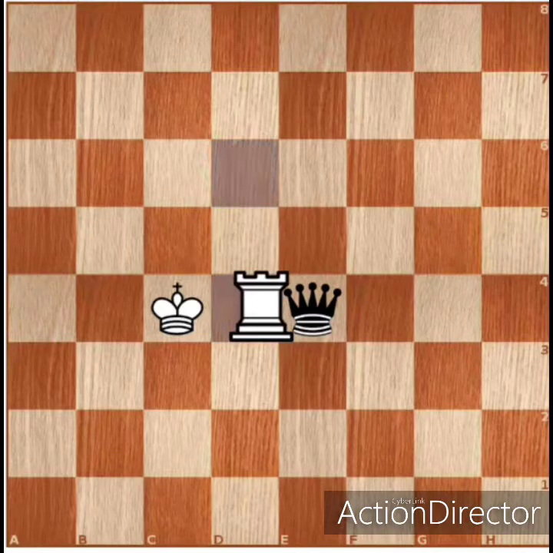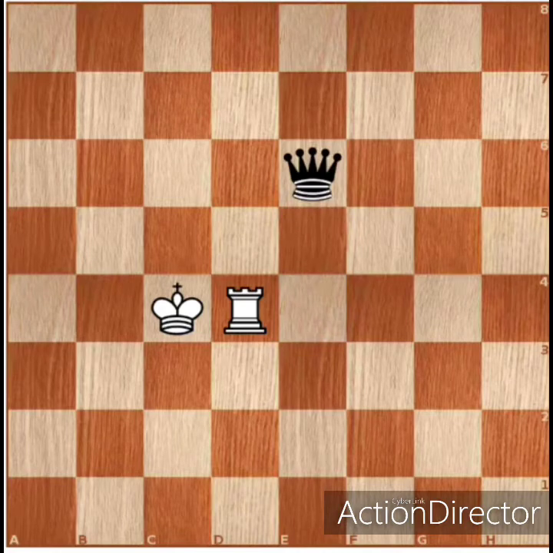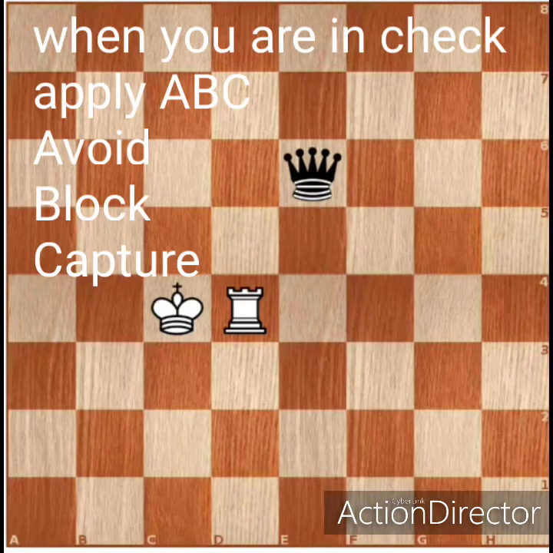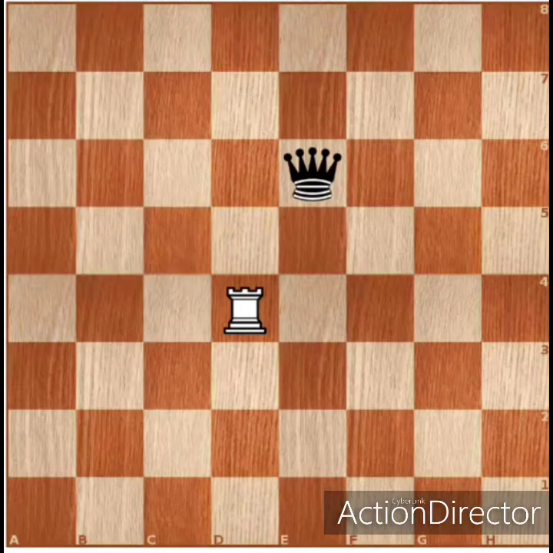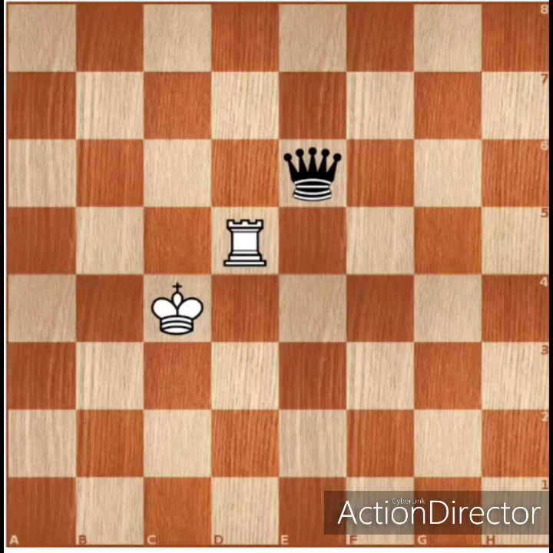In this situation you can block. Now again you can go check. Here you have three options: avoid, block and capture. There is no option to capture, so you just avoid it by moving your king on this path or this path, or you can simply block that.